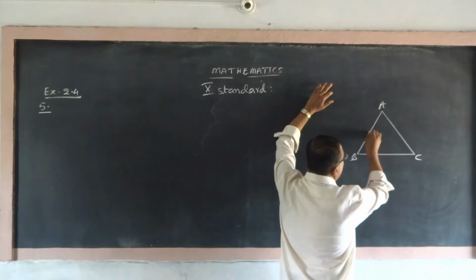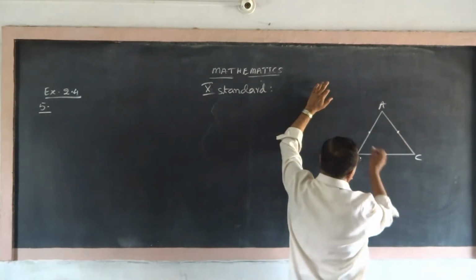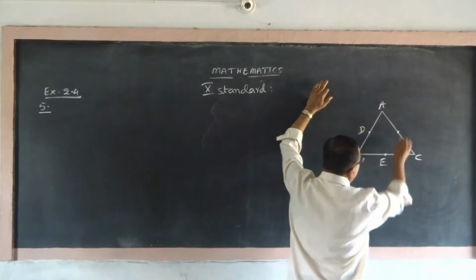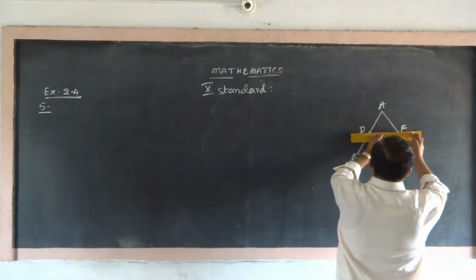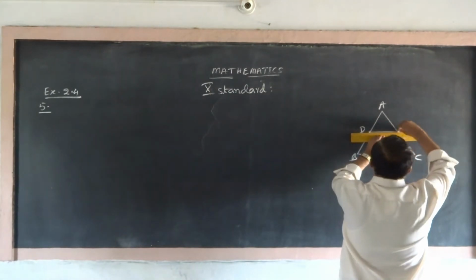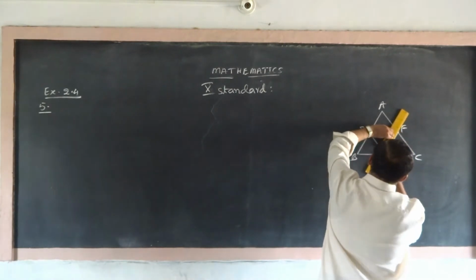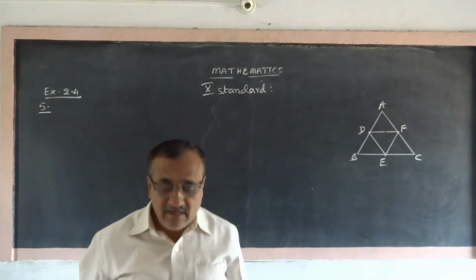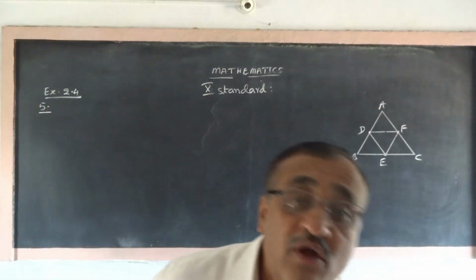Say this is the midpoint, here is the midpoint and here is the midpoint. Say D, E, F, then join DE, DF and EF. Like this.